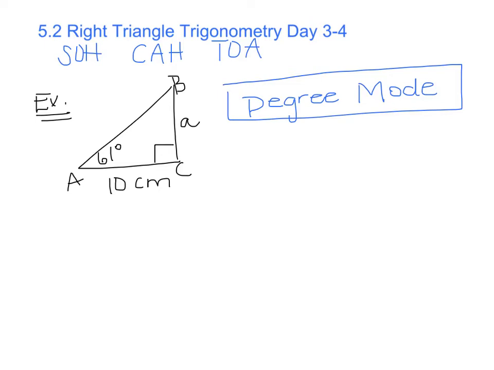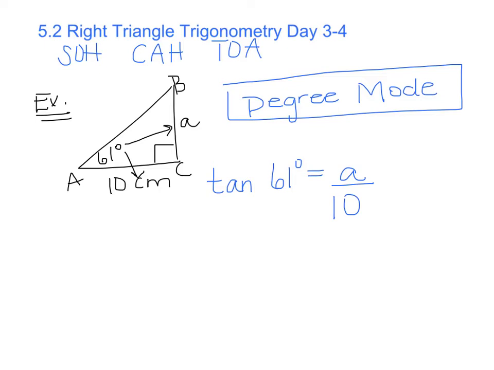According to this angle, we have the opposite side and the adjacent side. So you look at your 3 trig functions and figure out which trig function uses the ratio opposite over adjacent. That would be tangent. So you would write tangent 61 degrees equals the opposite side, which is A, over the adjacent side, which is 10 centimeters.